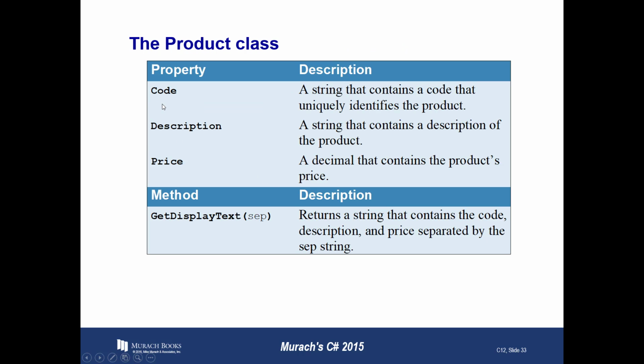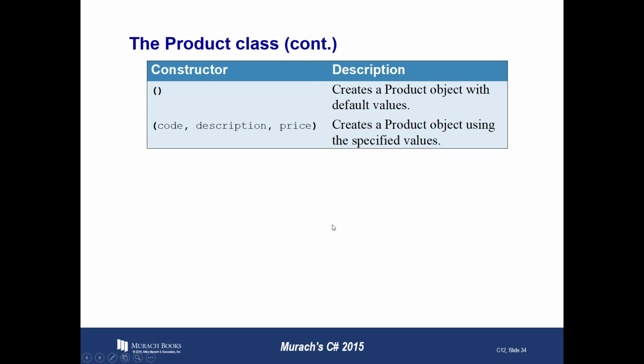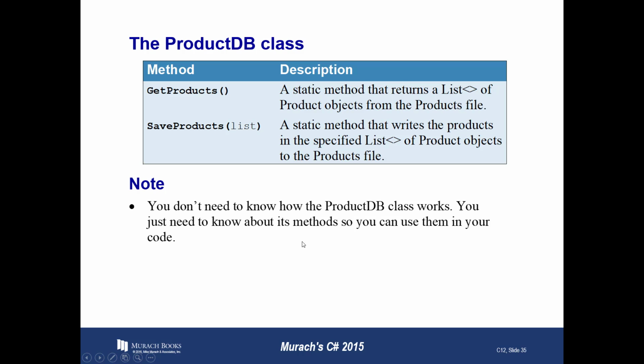Now, we've already looked at this product class. We've looked at the properties, we've looked at the method. We've looked at the 2 constructors. Now here's another class. It's called ProductDB. Probably you're saving the product instances to a database.